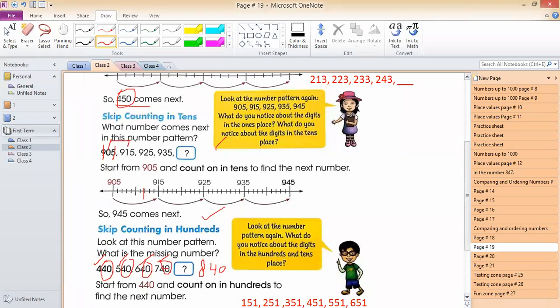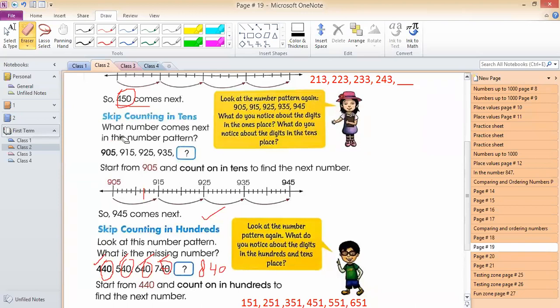This is 0, then 1, then 2, then 3. So the next will be 9 and 5 will be the same. And you will increase 1 on 3 and that will become 4. Then 9 and 5 will be the same. After 4 what comes? 5. So 5 is on the tens place. This is how you can write the next number.